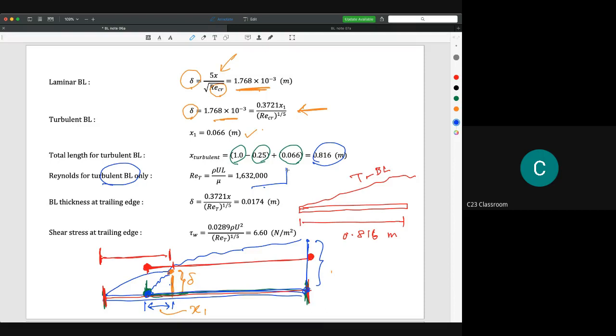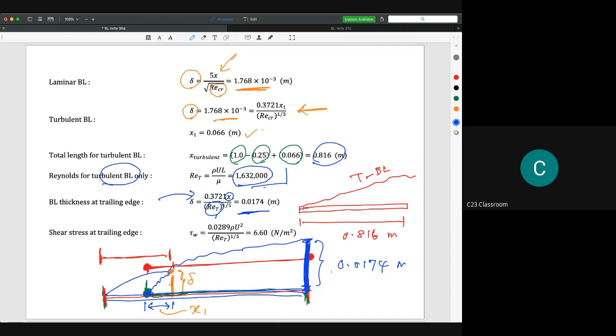Then the boundary layer thickness at the edge can be calculated using the equation for the boundary layer thickness of the turbulent boundary layer. We substitute x with 0.816 meter, and the Reynolds number is this number. So we get 0.0174, which means the boundary layer thickness at this location is 0.0174 meter.